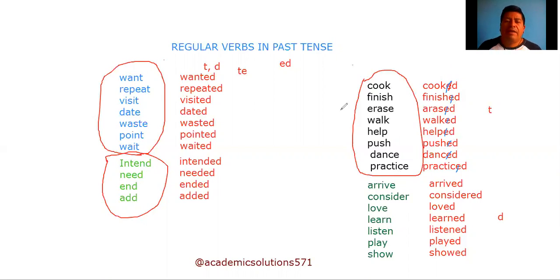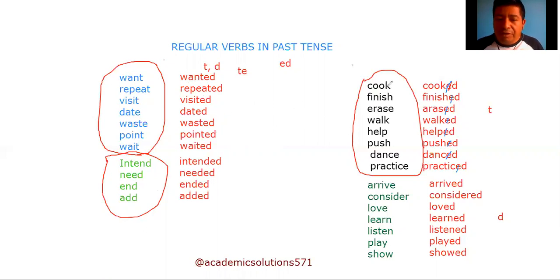So with this in hand, what I want to say is that only the verbs that end with the letter T or the sound T or the letter D, we will pronounce the ED as in the first two groups. Wanted, repeated, intended, needed, added, ended, pointed, wasted, dated.